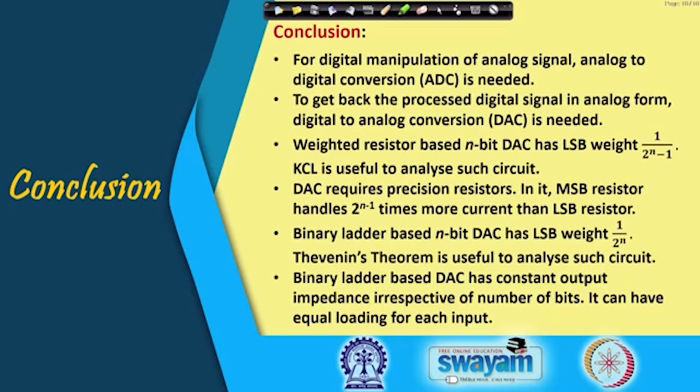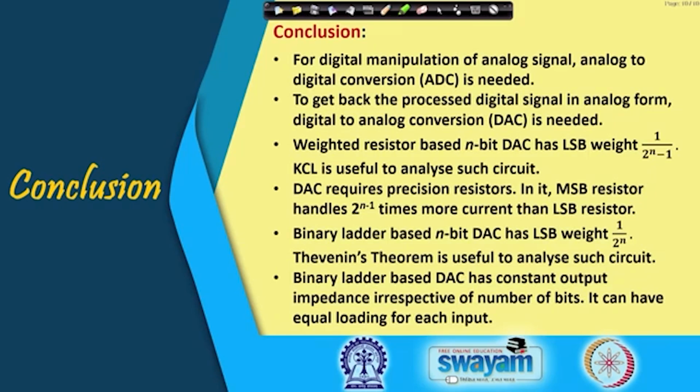And we had seen two methods. In the weighted resistor based method, the n-bit digital to analog converter DAC has an LSB weight of 1 upon 2 to the power n minus 1, and for analyzing such a circuit, Kirchhoff's current law KCL is useful.